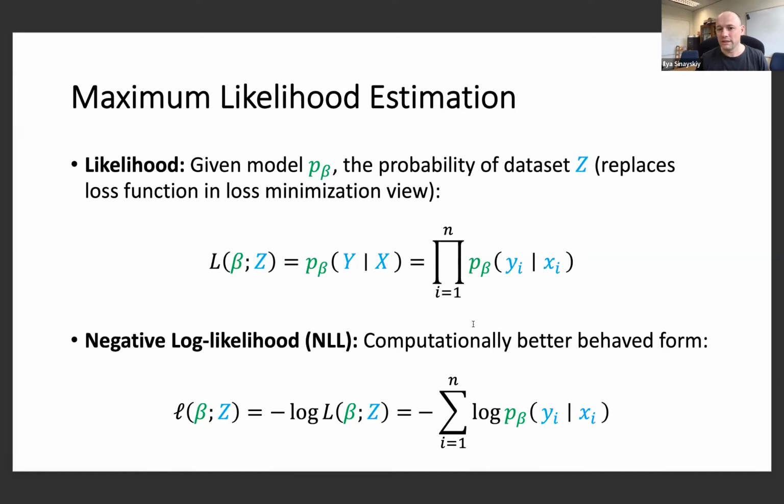So if your data set is very large, it's much better to take the log of this function. In that case, instead of a product, we get a sum. What is usually formulated is called the negative log likelihood. So it's just minus the log of this likelihood function. And now we can try to play with this kind of loss function, and we also need to find the proper choice of the probability function.